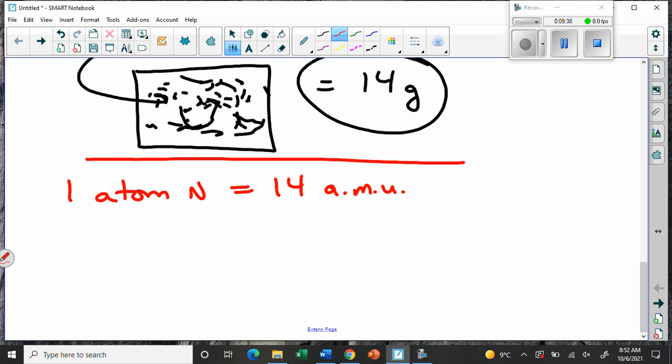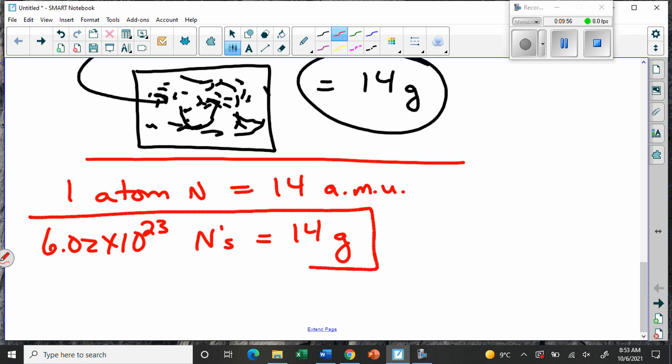Or we can gather up 6.02 times 10 to the 23 of these nitrogen atoms, and it would be 14 grams. And so we don't have to change the periodic table. That's essentially what this number is. It's like the dozen of chemistry, except it's much bigger than 12. It's convenient, and we can measure 14 grams quite simply.